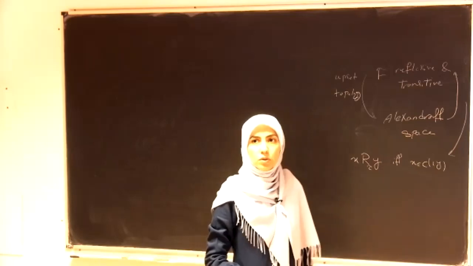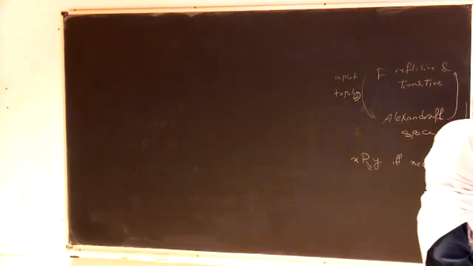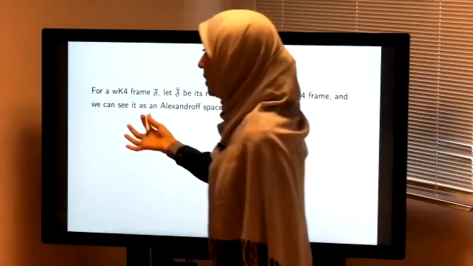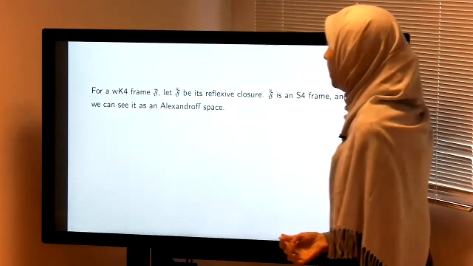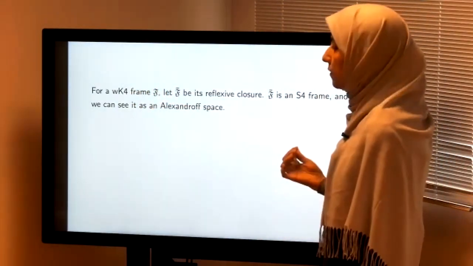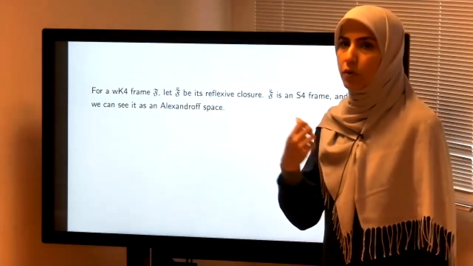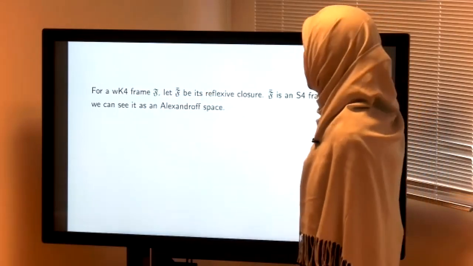Now we want to see what the condition is for a weakly transitive frame. So for a WK4 frame F, which means a frame F which is weakly transitive, we can consider its reflexive closure, which means adding a loop over each state. We call it F bar.